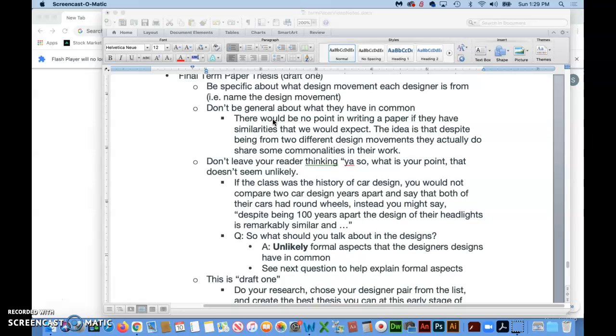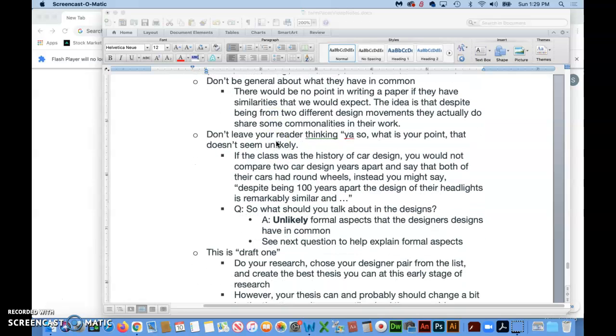There would be no point in writing this term paper if they have similarities that a person would expect them to have. The idea is that despite them being from two different design movements, they actually do share some commonalities in their work. You don't want to leave your reader thinking like, yeah, so?